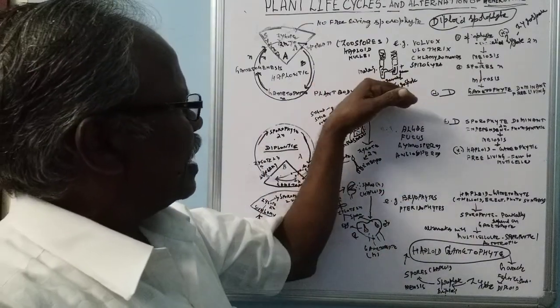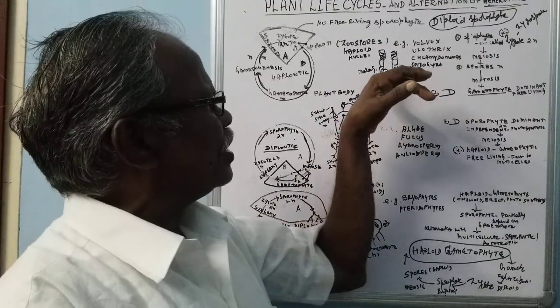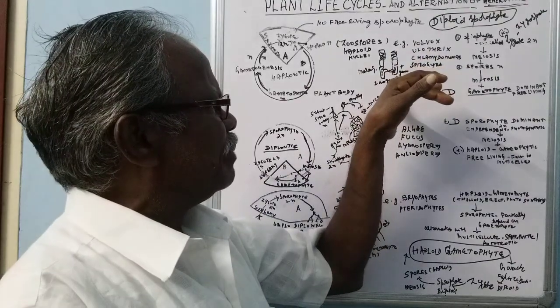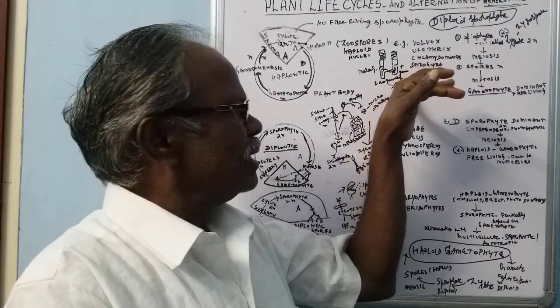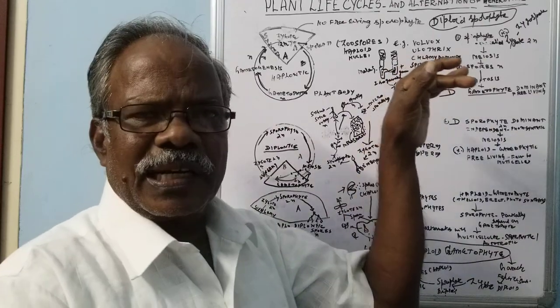This is called haplantic, and in the case of Ulothrix, the male and female gametes fuse together, called syngamy or isogametes, because both the gametes are similar, that is called zygospore. By this way they develop an independent plant.